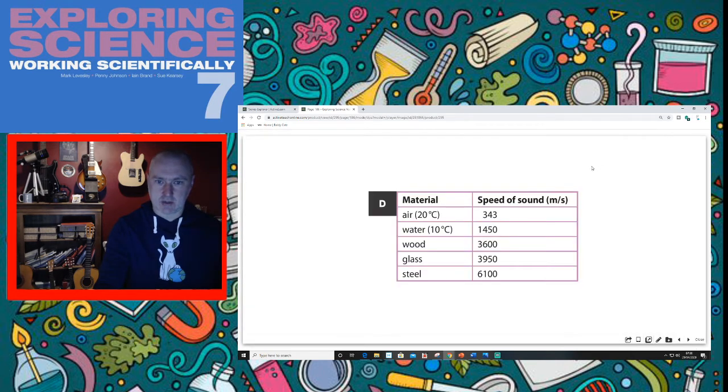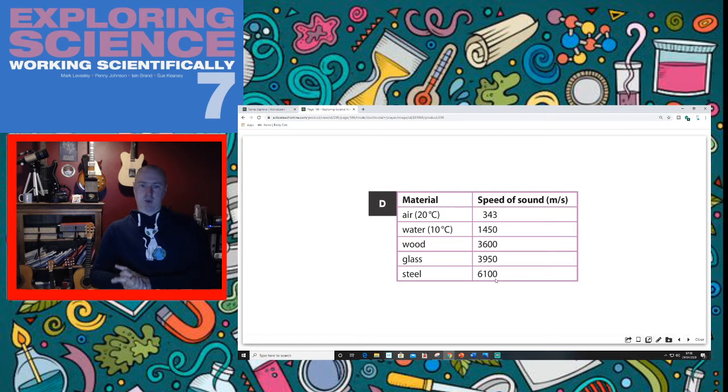Let's just have a quick look here to highlight what I was saying before about how well sound can travel through different mediums. In the air, it travels significantly slower than through solids. And if we look at these solids, the sound is even traveling at different speeds through different solids.